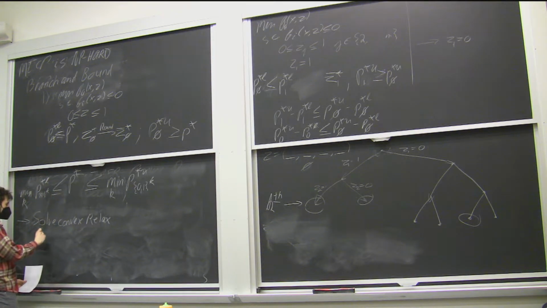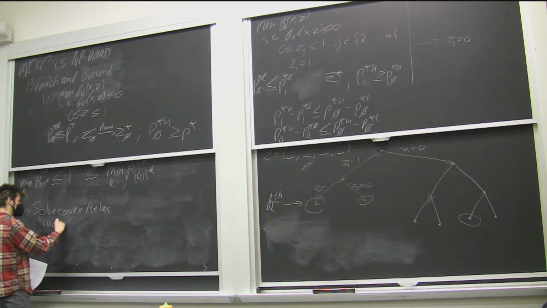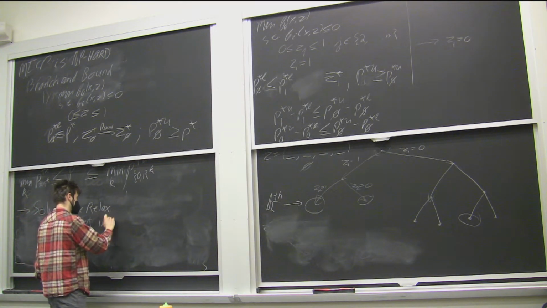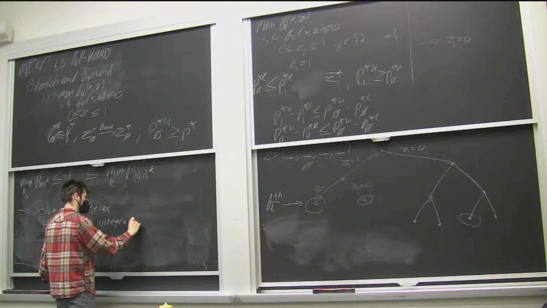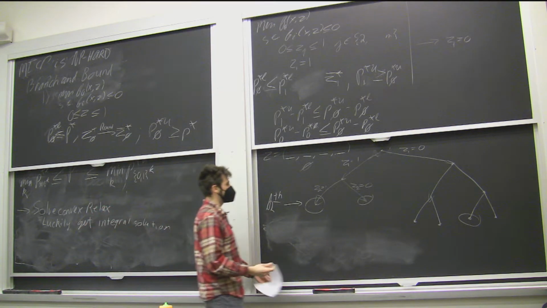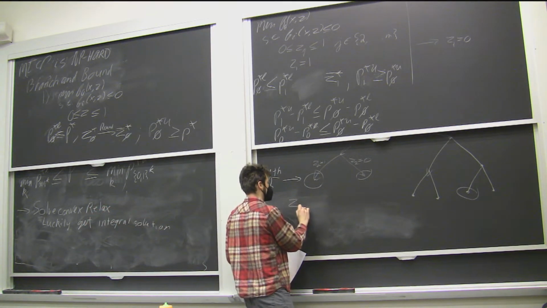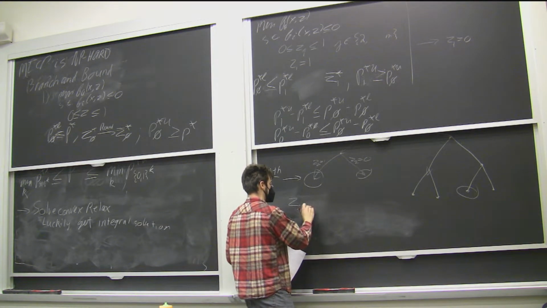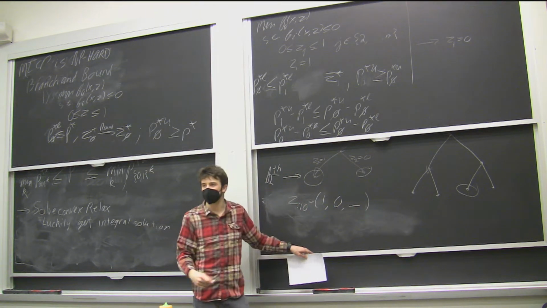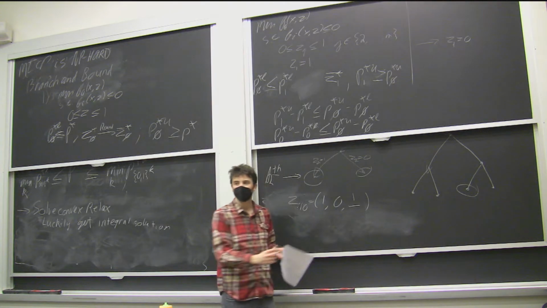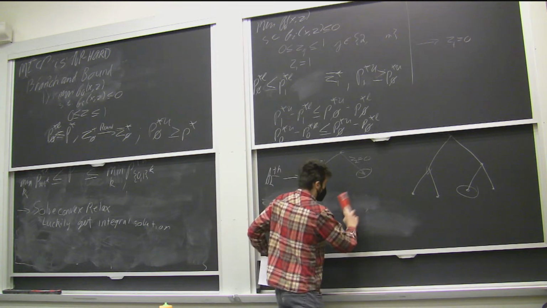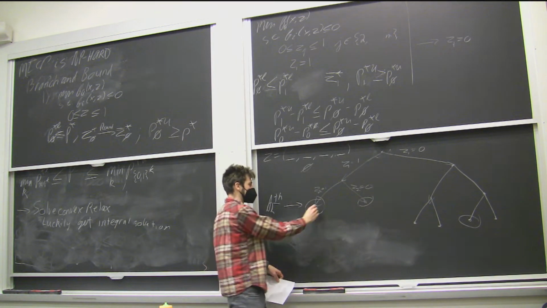And lo and behold, we luckily get an integral solution. So let's say I have 3 slots, and I solved the convex relaxation of this problem, and this turns out to be 1. What would happen to every child of this branch? So let's say this one's integral.